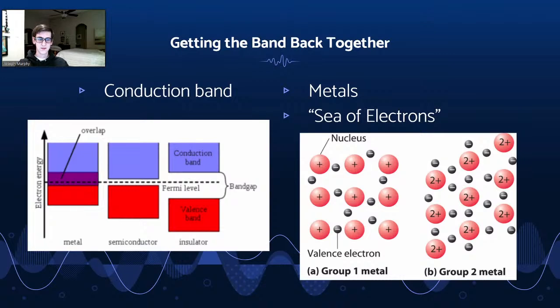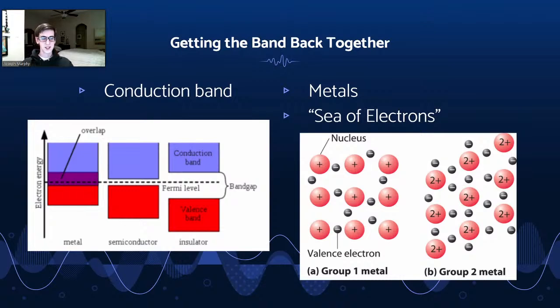But insulators aren't good conductors of electricity because it takes so much energy to move electrons from the valence band to the conduction band so that they can start moving around the substance. Whereas metals are good conductors because it takes no energy or very little to move electrons into the conduction band and have them start being able to move around.